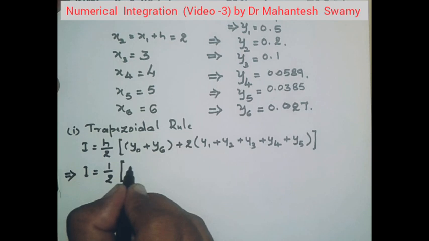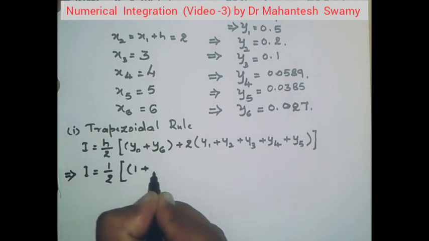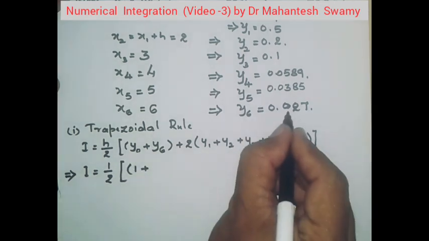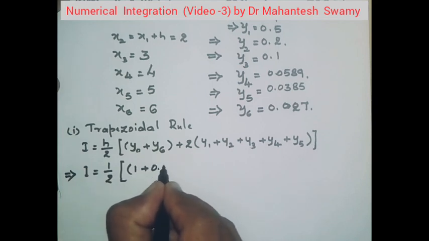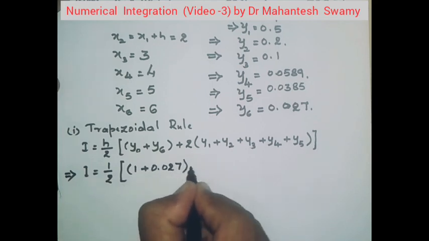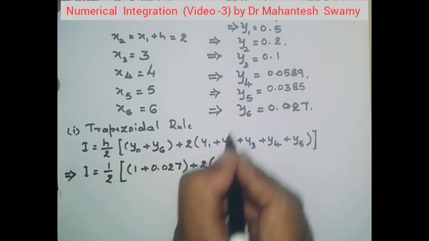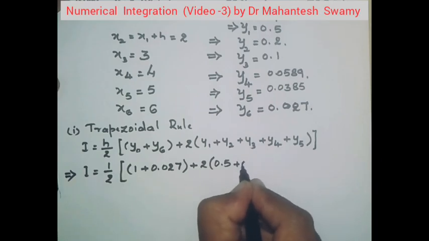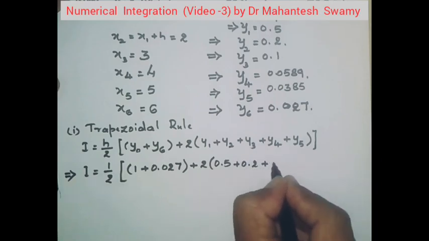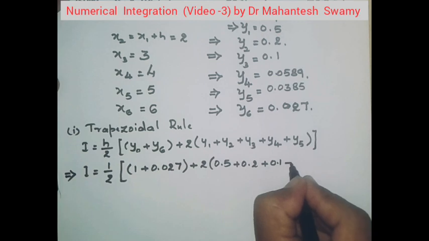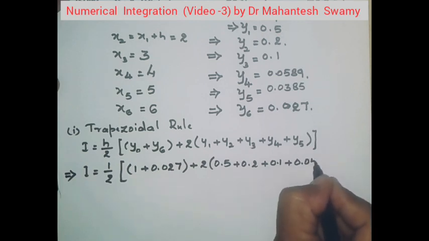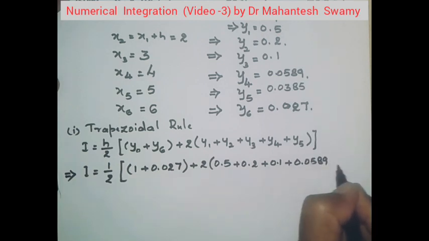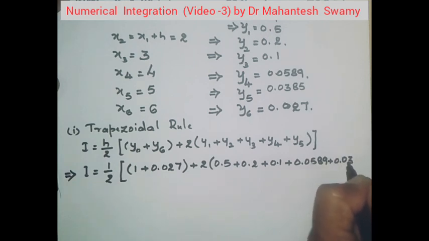The first value is y0, which is 1, plus y6 is, just now we got, 0.027 plus 2 times the intermediate values, that is 0.5 plus 0.2 plus 0.1 plus 0.0589 plus 0.0385.